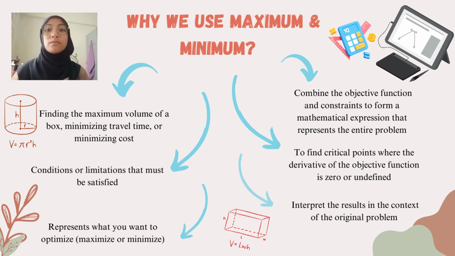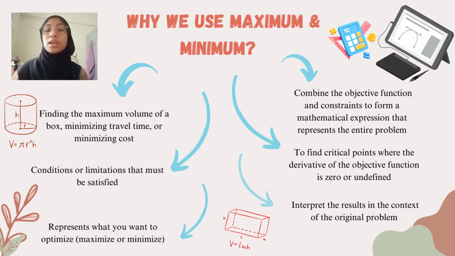Sometimes this might involve using additional methods like Lagrange multipliers for constrained optimization. Finally, interpret the result in the context of the original problem. We determine the maximum or minimum value of the quantity of interest and ensure it satisfies all given constraints.